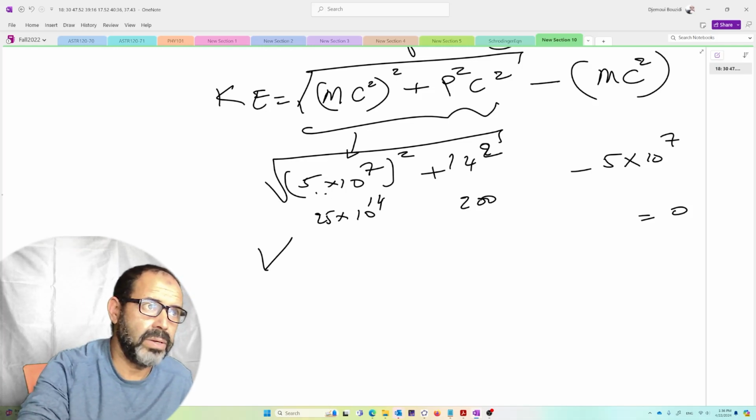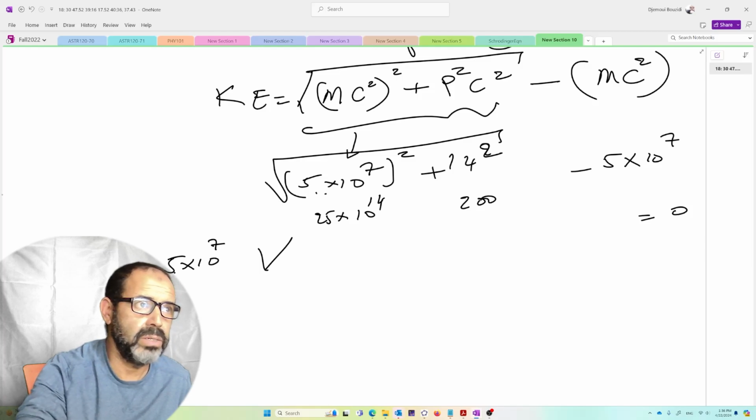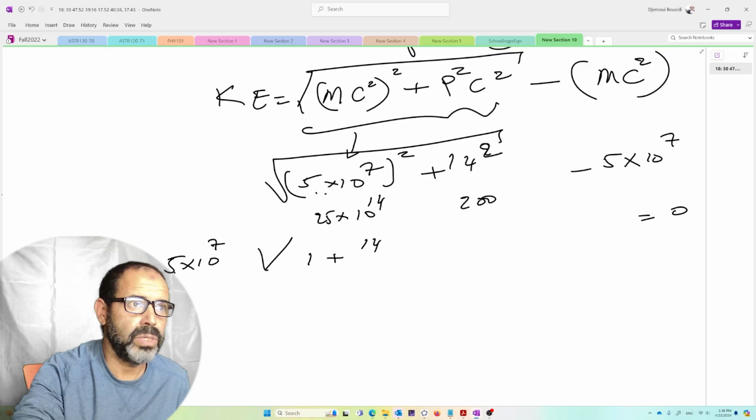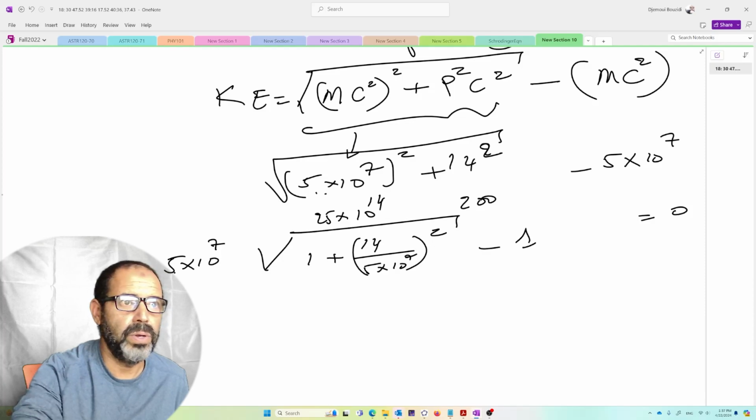So what you have in here, take out the 5 times 10 to the power 7, 5 and some change. Of course you will be left with 14 over 5 times 10 to the power 7, the whole thing squared, and subtract from it 1 after you factor out that 5 point some change.